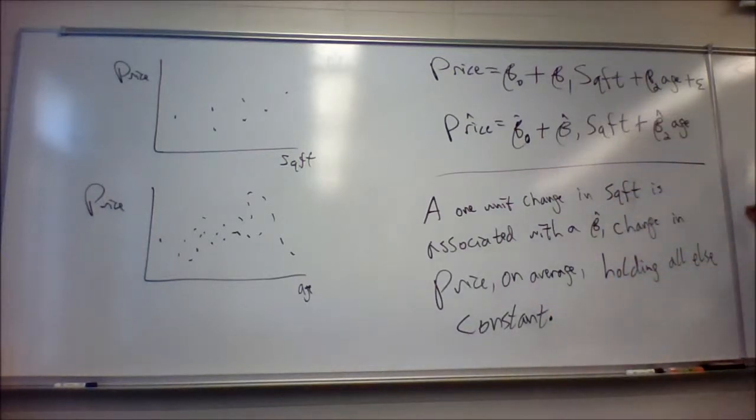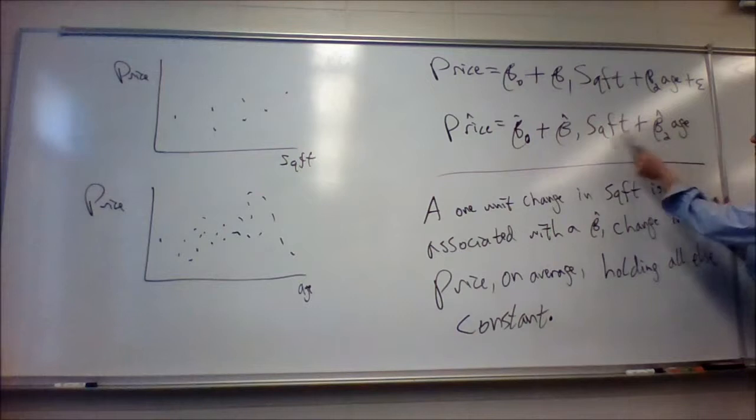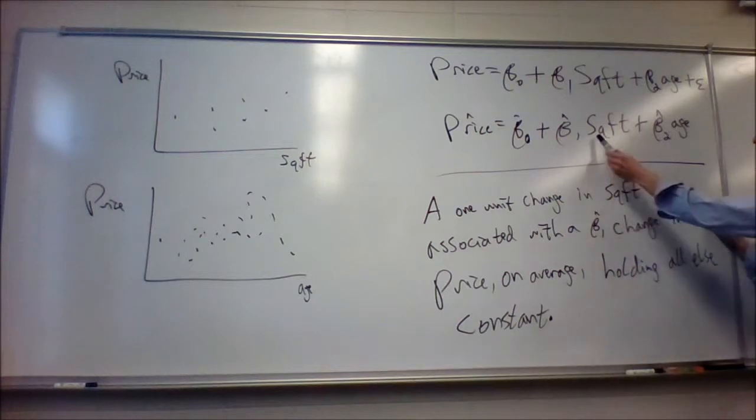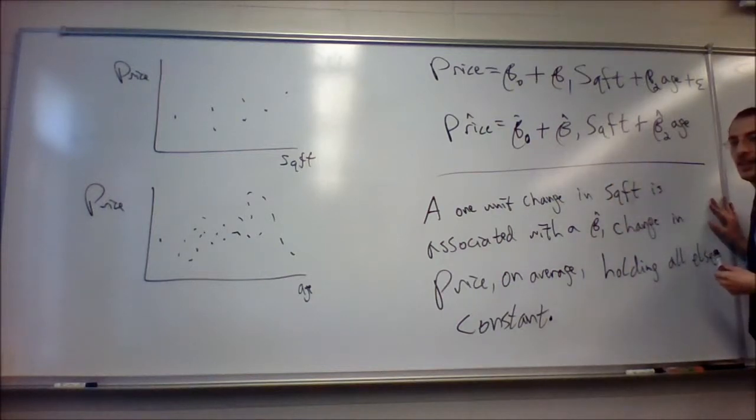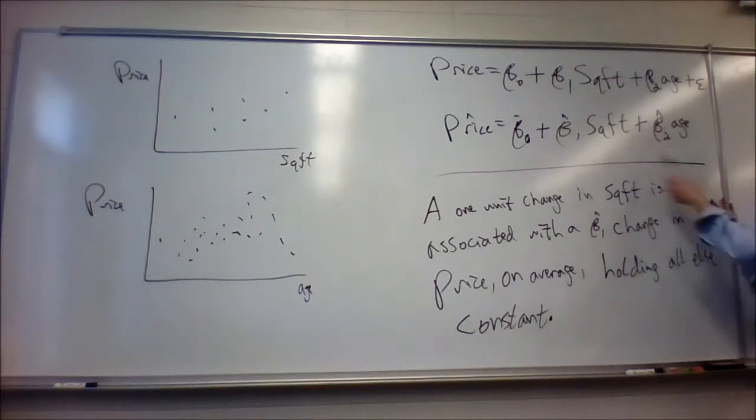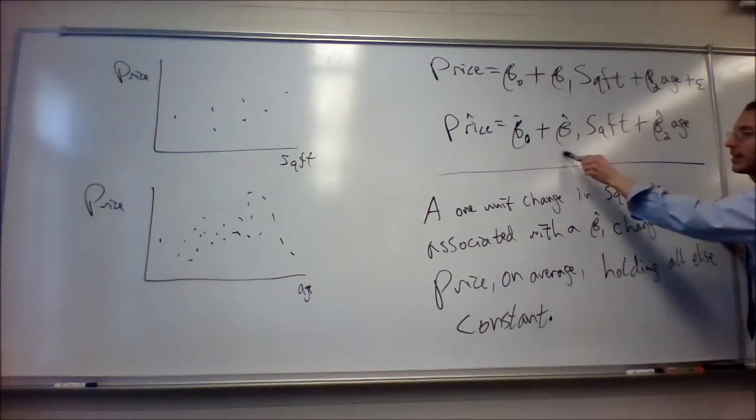Because there may be a relationship between square feet and age. And so what may happen is that if I change square feet, that may be related to a change in age. And if I'm changing square feet and age at the same time, well, I'm no longer just talking about beta 1.